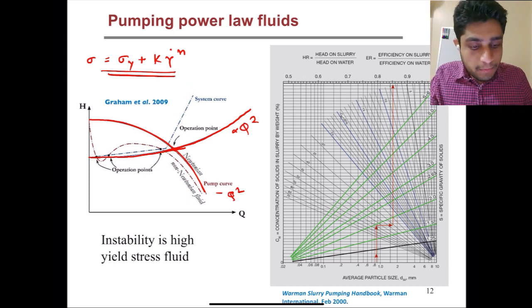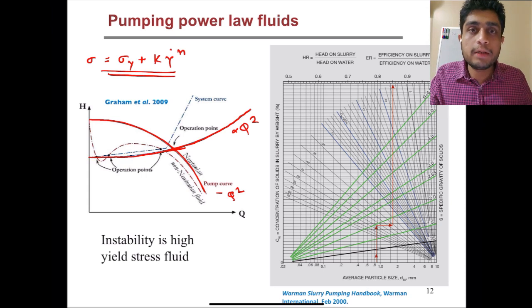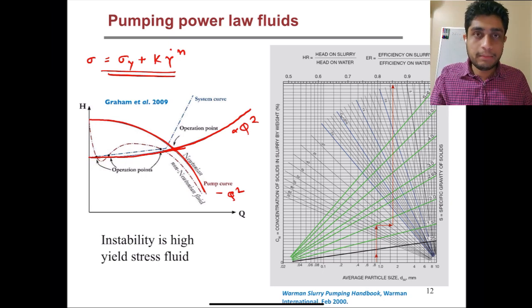So because of that, if the yield stress of the fluid is very high, then it is possible that the system curve and the pump curve actually intersect at more than one point, as again shown here. So there are 3 different operation points, and sometimes that can lead to instabilities.